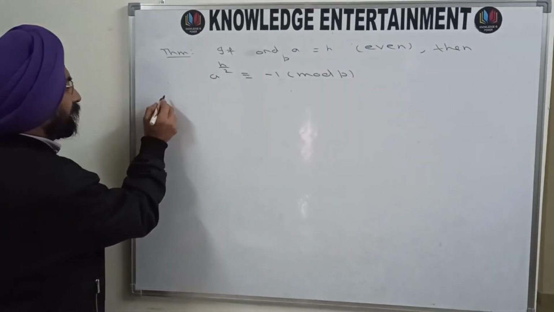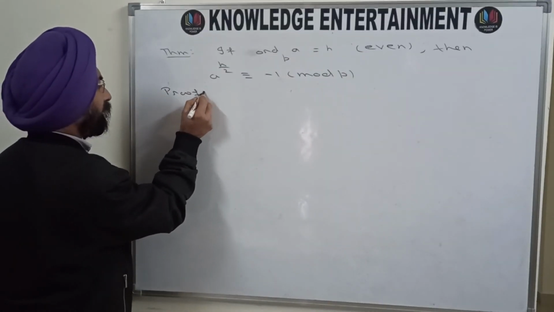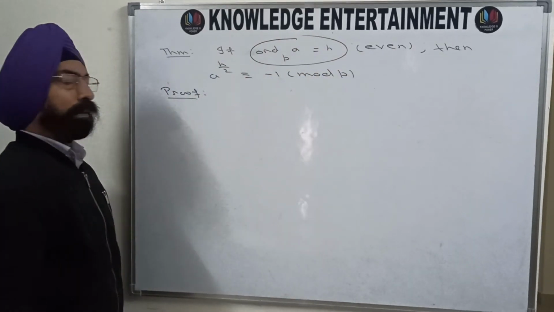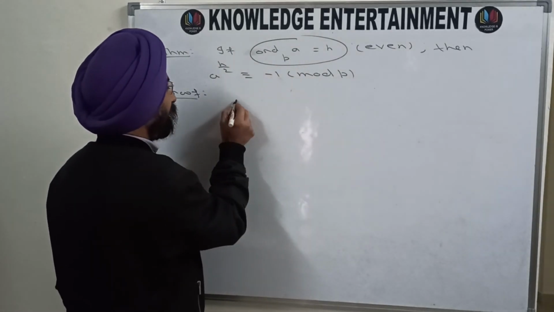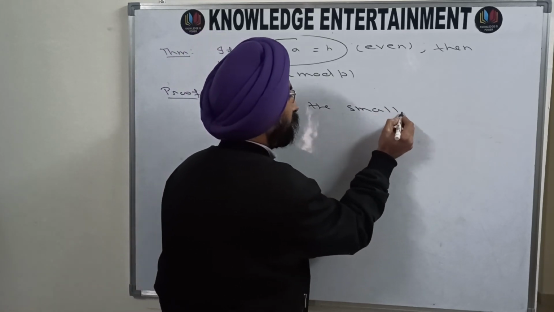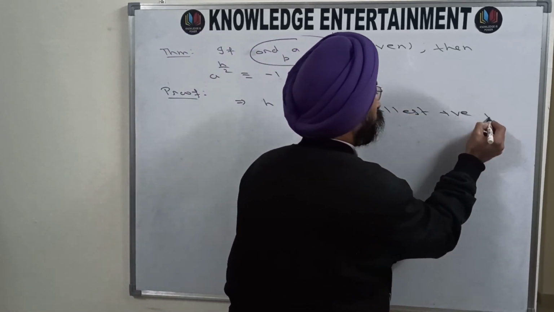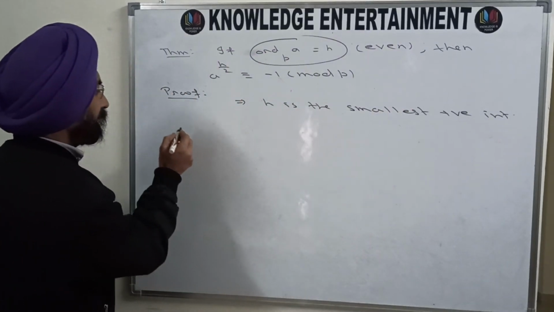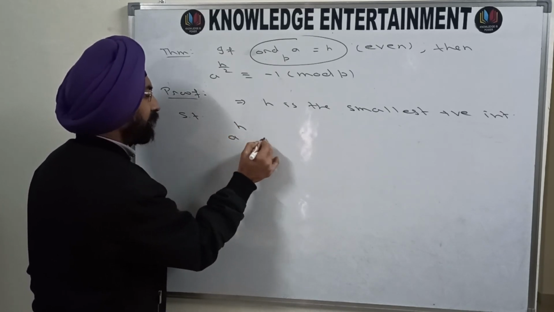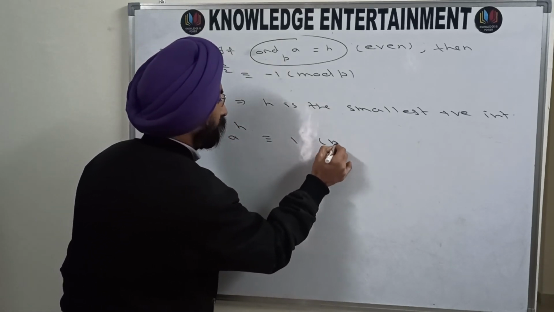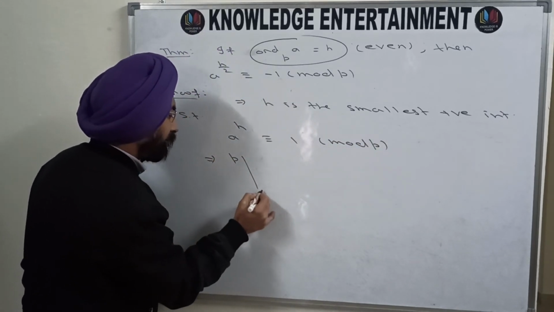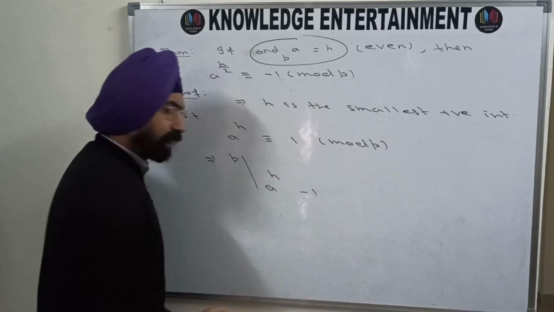The proof is very easy. Let us see what the proof says. We are given that the order of A modulo P is h. That means h is the smallest positive integer such that A raised to the power h is congruent to 1 modulo P. This means P divides A raised to the power h minus 1.